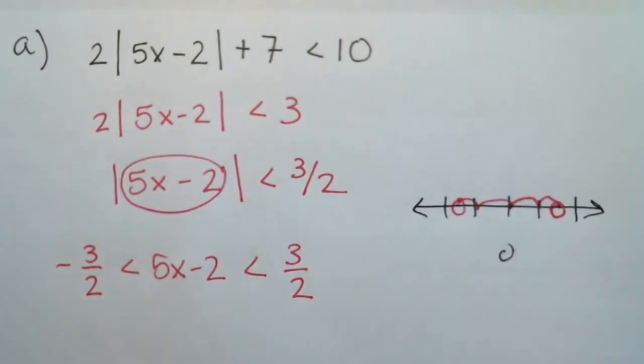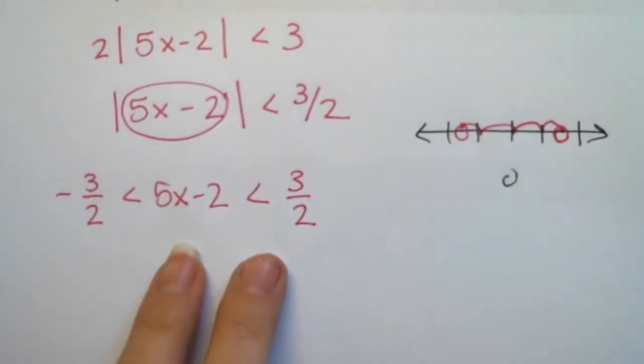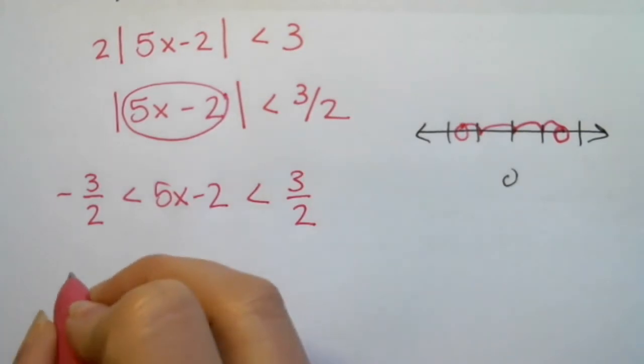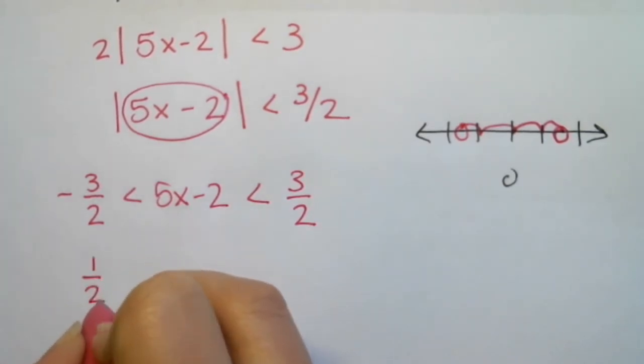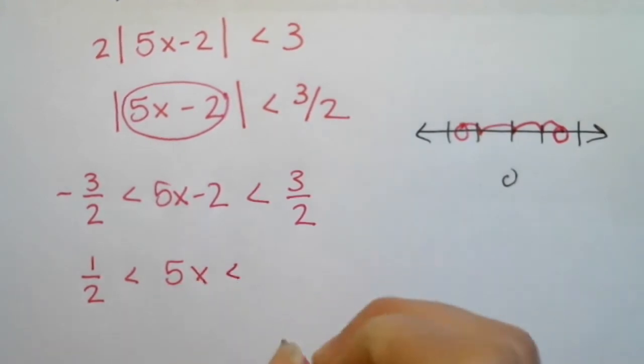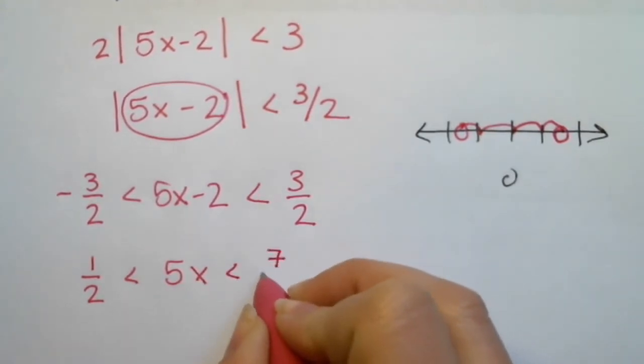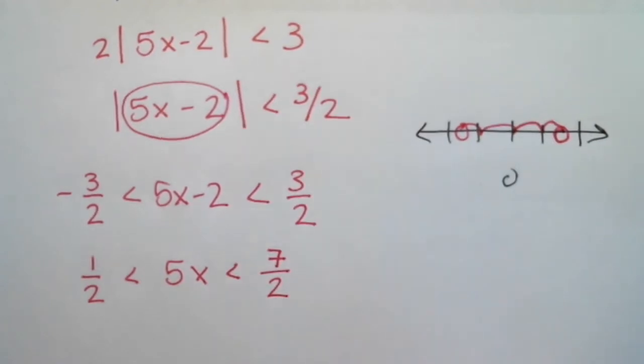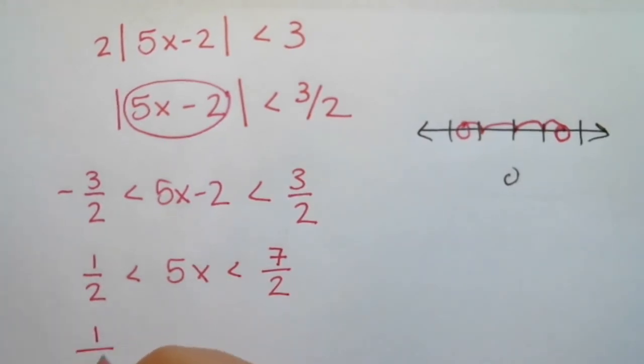All right. Now I'm going to finish solving this, so I'm going to add 2. And then I'm going to divide by 5.